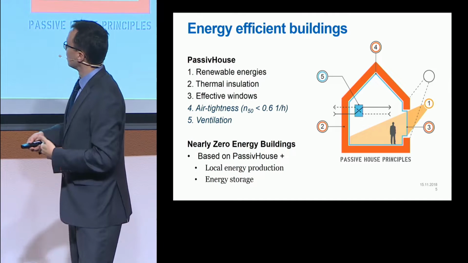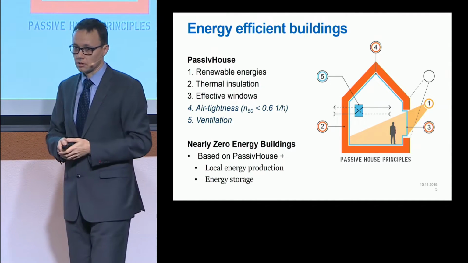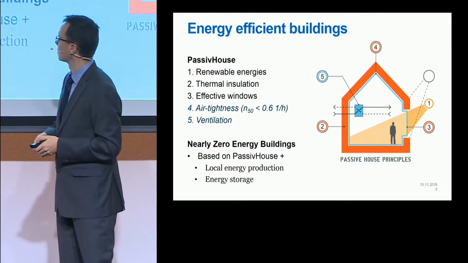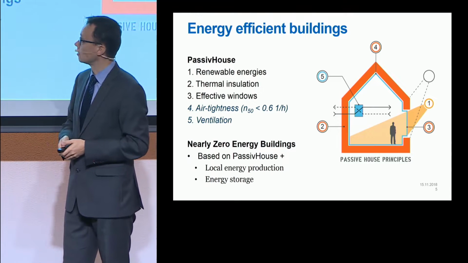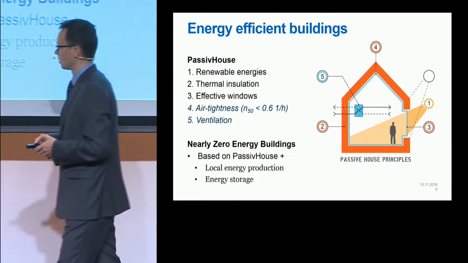The air leakage air change rate should be less than 0.6 changes per hour. And then the efficiency of ventilation system.